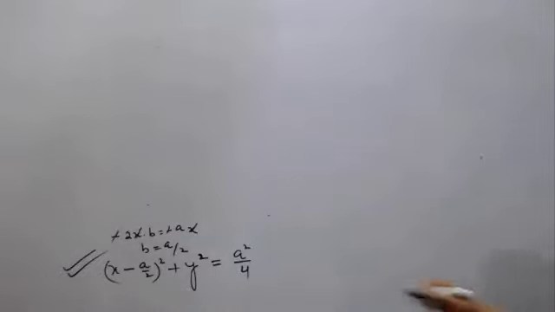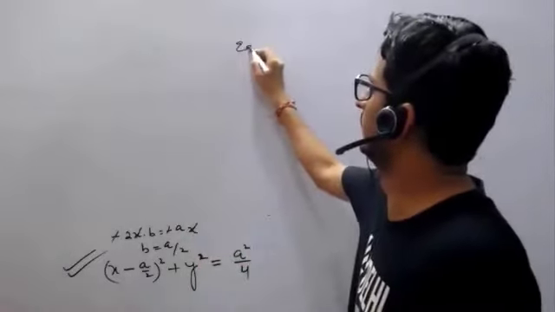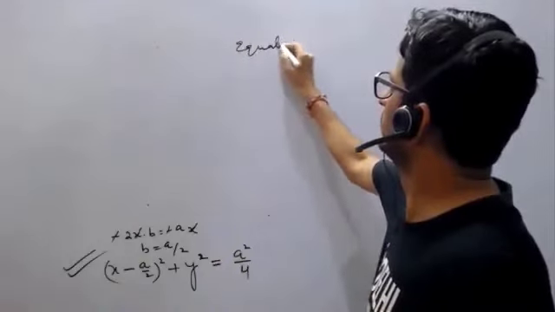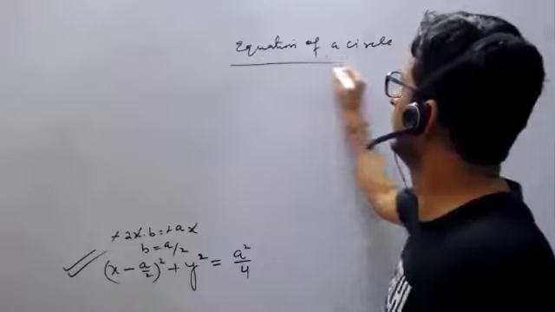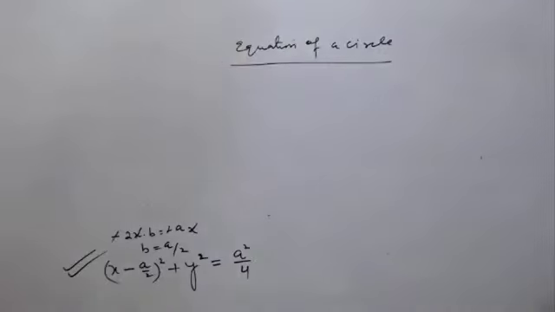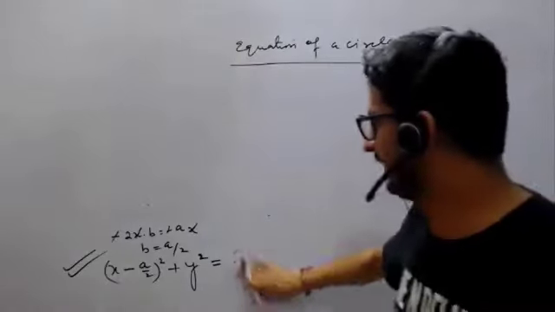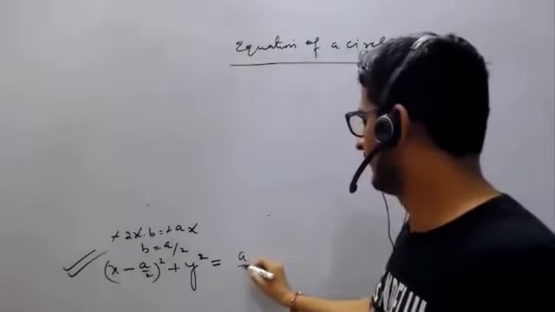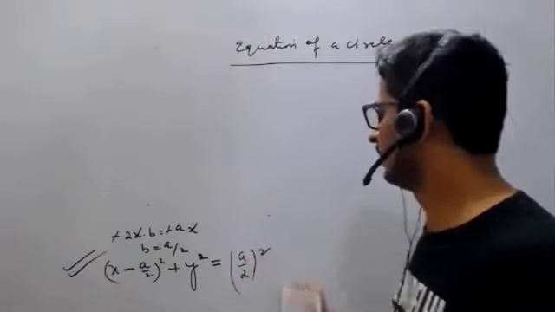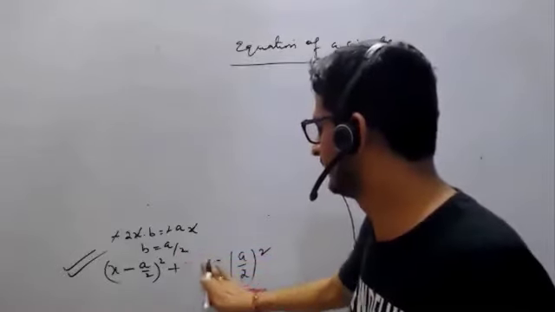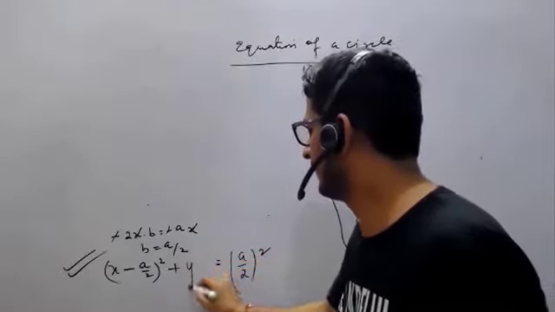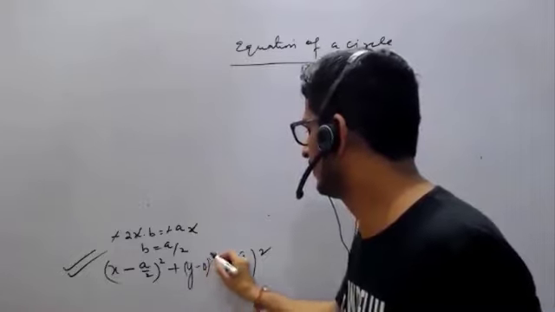So this is equation of a circle. Equation of a circle. So I can write it as x minus a by 2 whole square, and I can write this term as y minus 0 whole square.